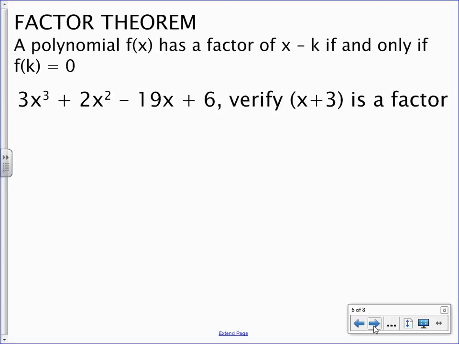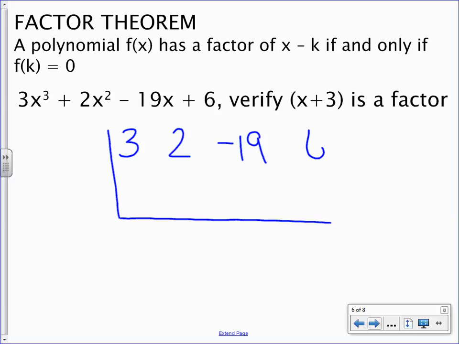Okay, so let's do that. We have 3x cubed plus 2x squared minus 19x plus 6. Since we're looking for x plus 3 as a factor, we're looking at a potential 0 of -3. All right.